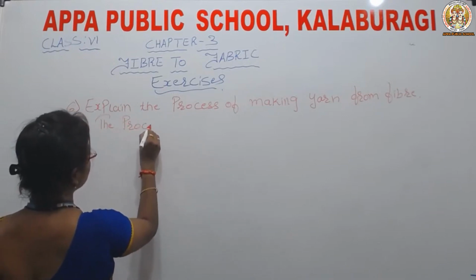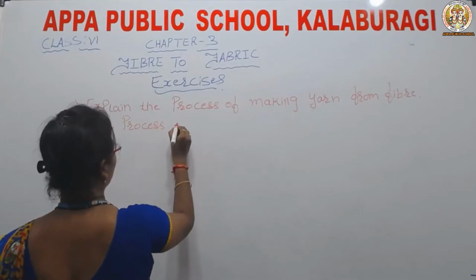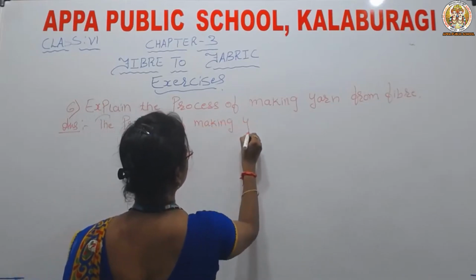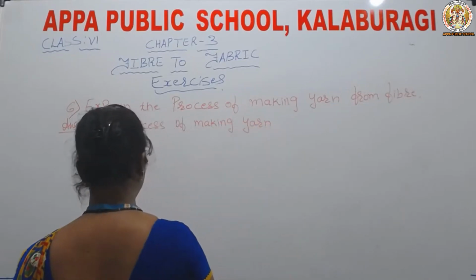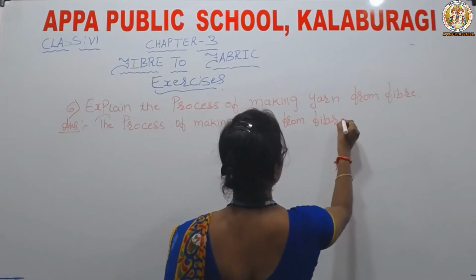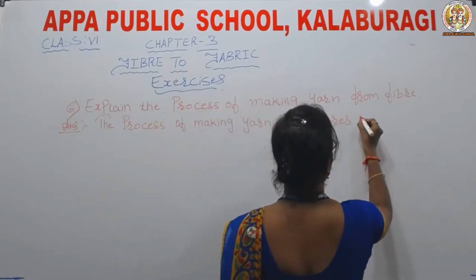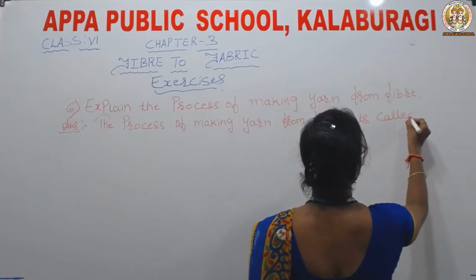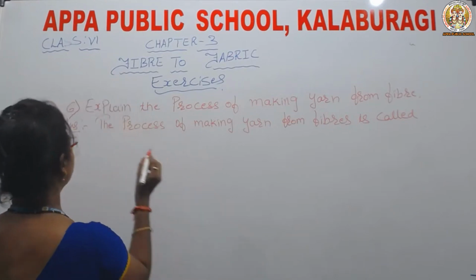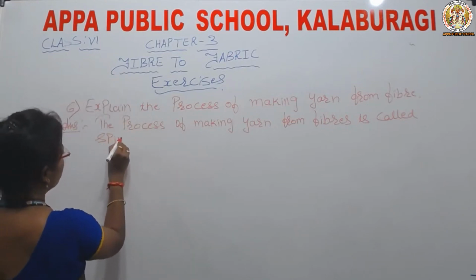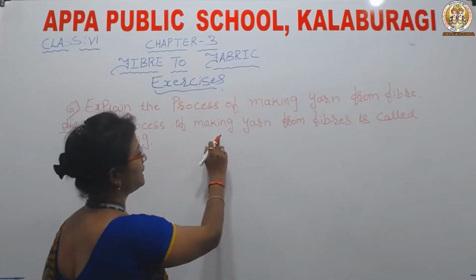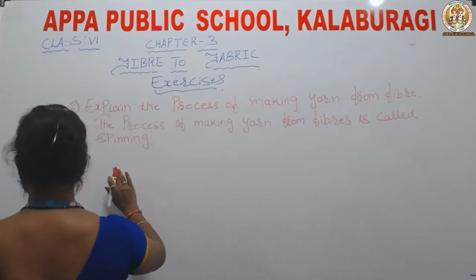The process of making yarn from fibers is called spinning. So here the process of making yarn from fibers is called spinning.